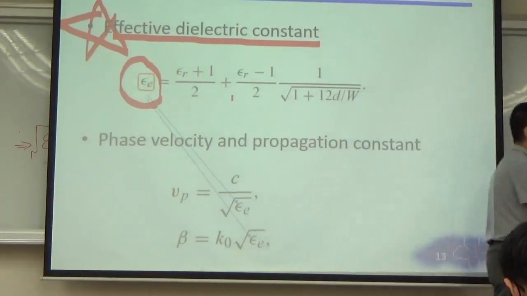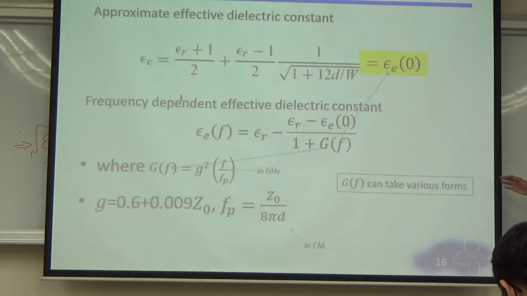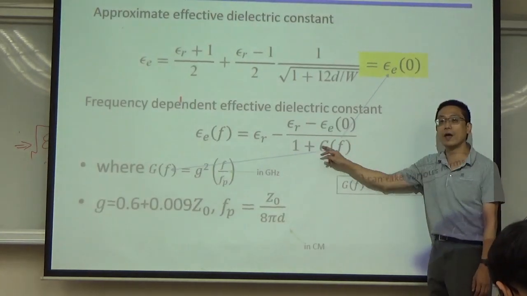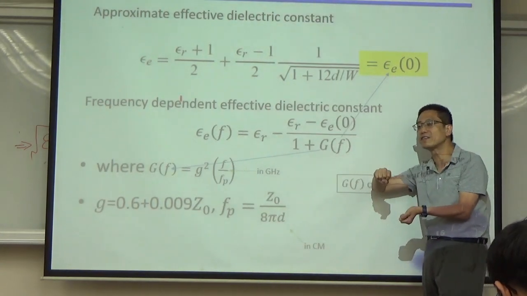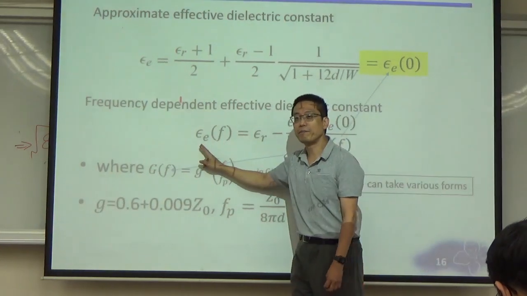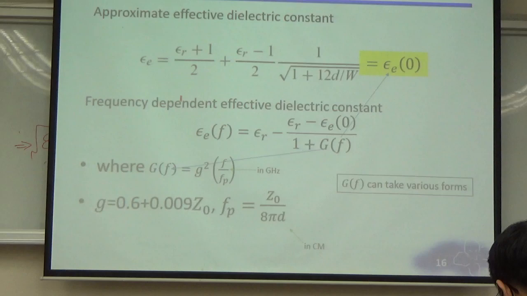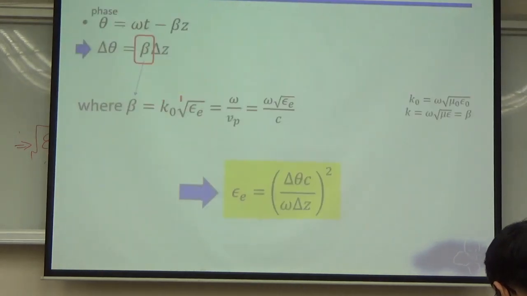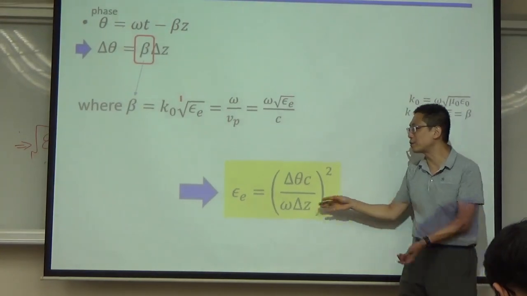And after you use the equation of capital G, you have something very complicated, epsilon E. But sometimes, if I use this equation to measure epsilon E, right?